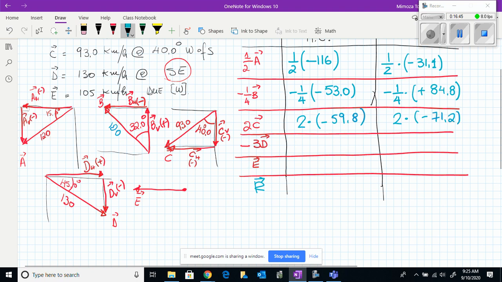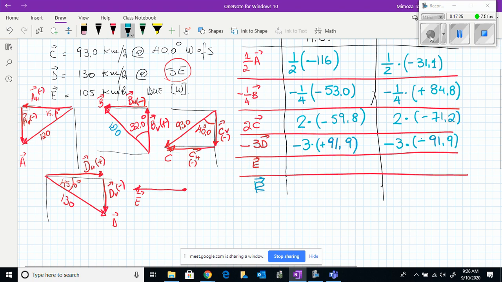So 130 times sine 45, and we will have for the horizontal component -3 that the formula dictates us, multiplied by positive 91.9. And for the vertical component, -3 that the relationship dictates us, multiplied by -91.9.